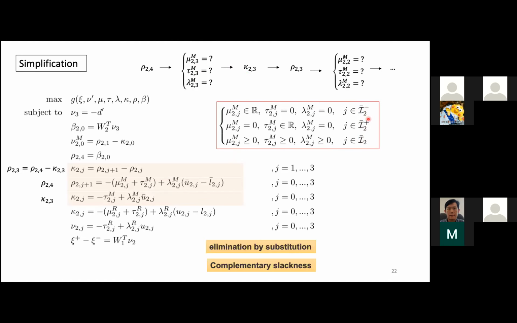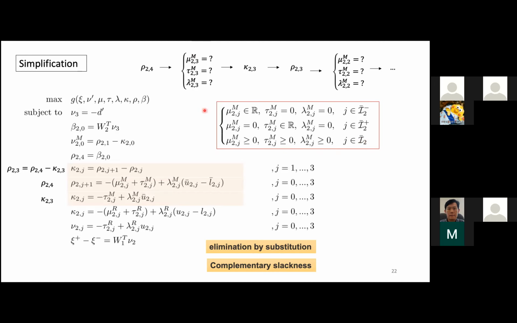In the first two sets, it's easy to compute the values of the mu n, tau n, lambda n, and the kappa, because you can just use elimination by substitution to compute these values. But in the bar I2 set, it's a little hard to use elimination by substitution to compute it.